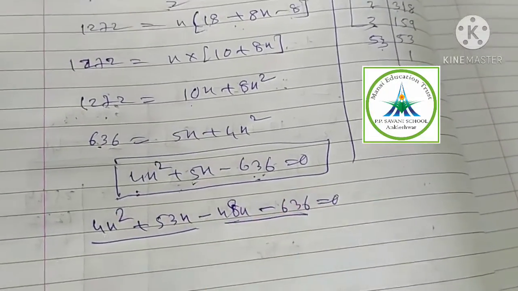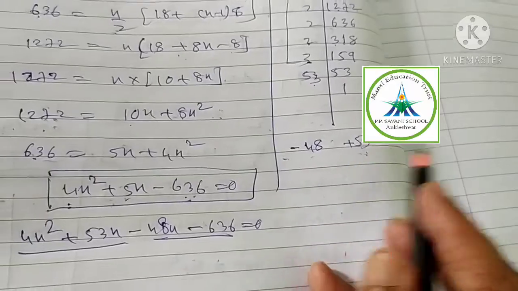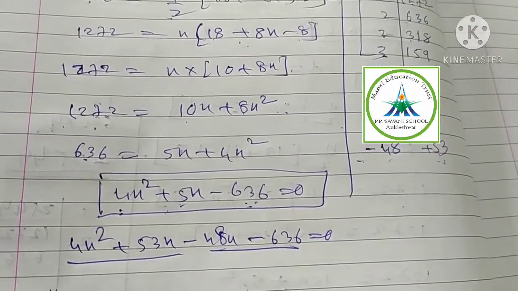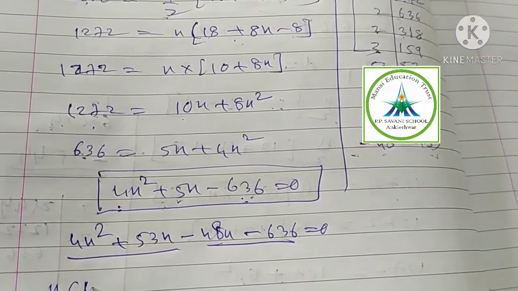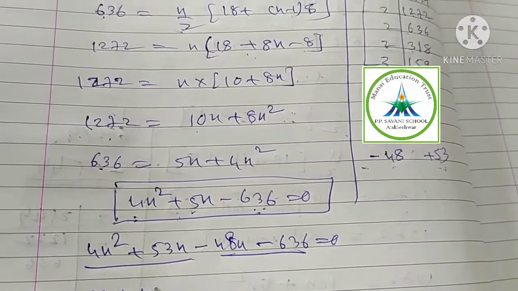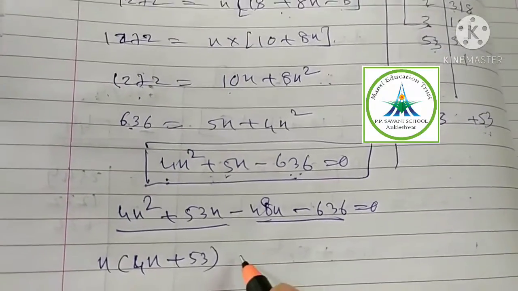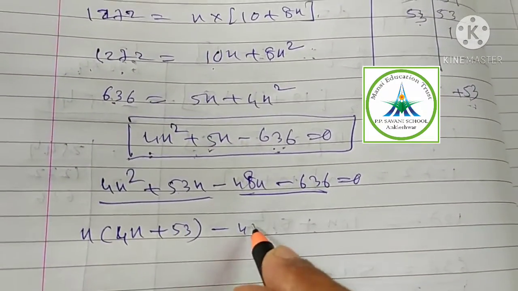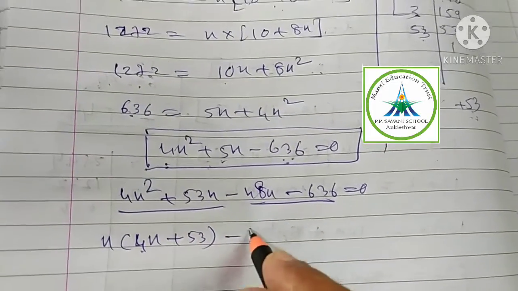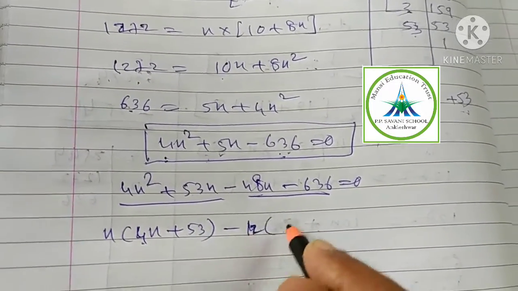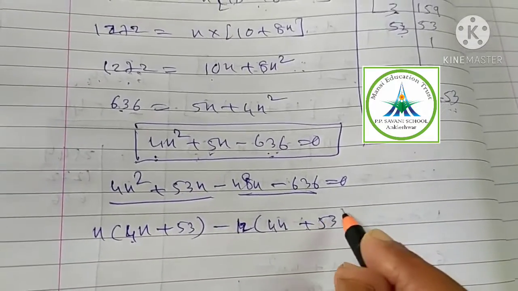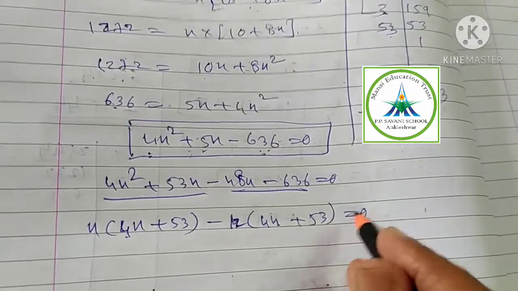The way you are writing, you are correct. Only the important thing is the sign, which is to be made negative. Now see here, n is common because 53 is prime, 4 is even, so we cannot take common from 53. Again now see 48. So here 4n. So I will take 12 common. 4n, okay, plus 53 equal to 0.